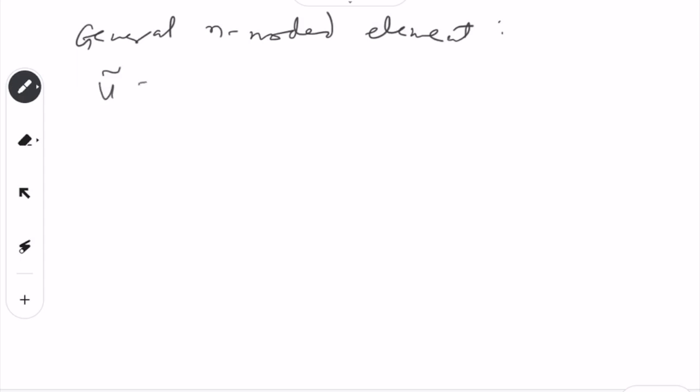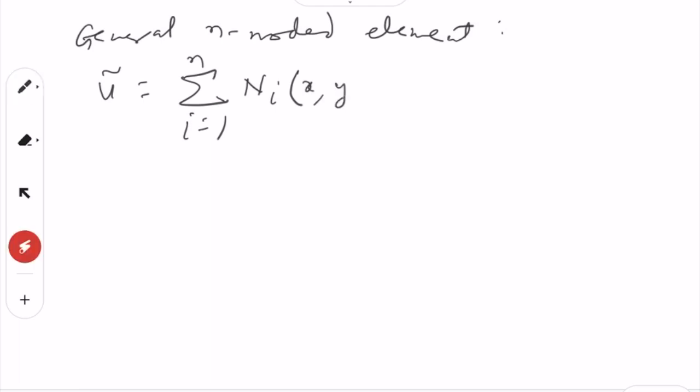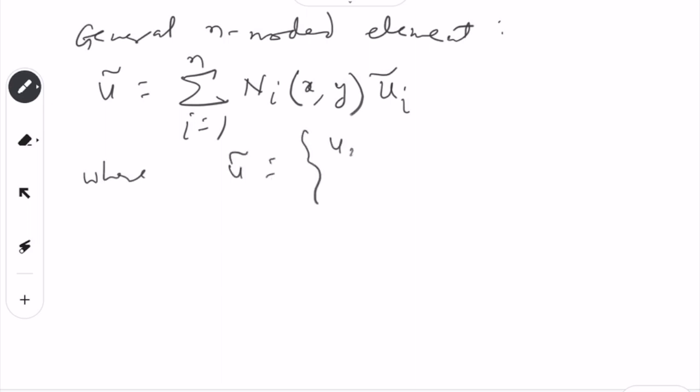That means we can write u tilde as the summation over I equal to 1 to n of N I, which is a function of x y, multiplied by u tilde I, where u tilde is nothing but ux and uy.